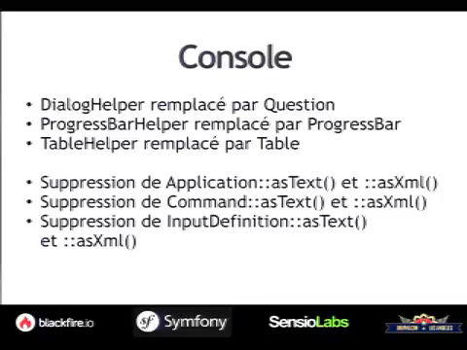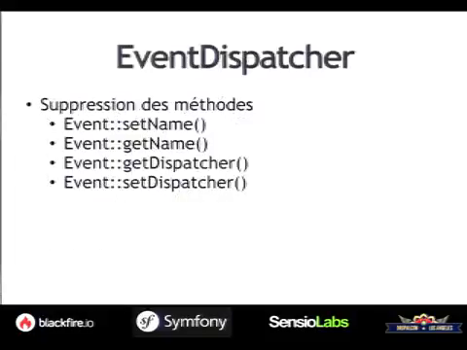In the console, it's mainly about refactoring mistakes that we made, and we actually made a lot of mistakes, so we are trying to fix them step by step, which takes time because we need to maintain backward compatibility. So again, it's mainly about best practices here. For the event dispatcher, we've removed those methods mainly because they are not that useful, and they make the event dispatcher slower.